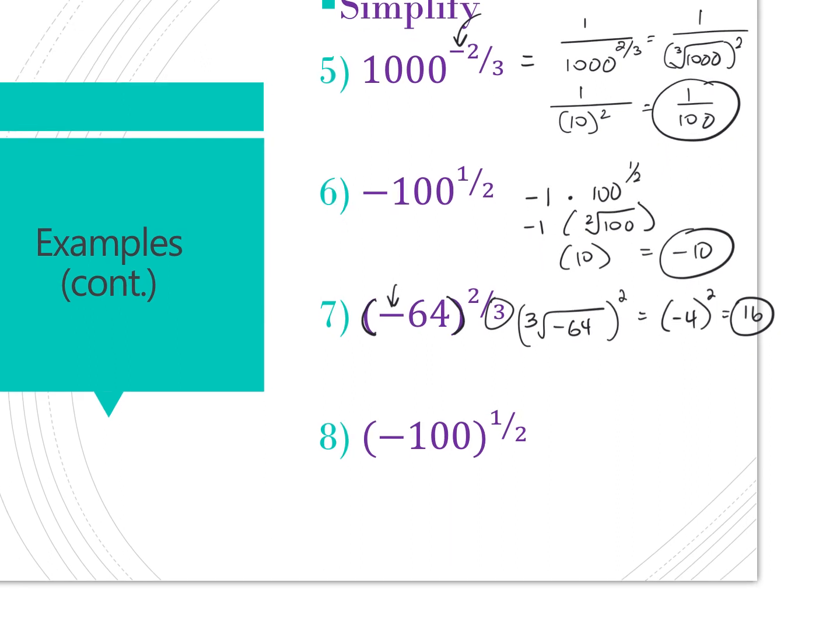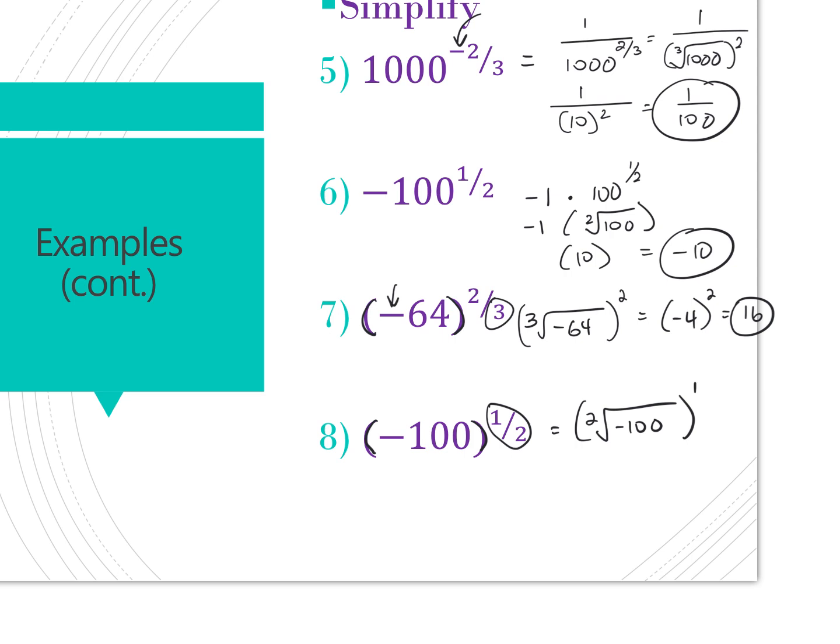And the last one is going to be, again, notice the entire negative is being raised to this fractional power. So -100 will go inside the radical. And we're looking for the square root of -100 raised to the first power. And here we have to ask ourselves, what number times itself twice equals -100?